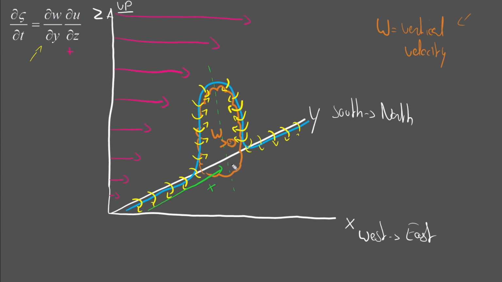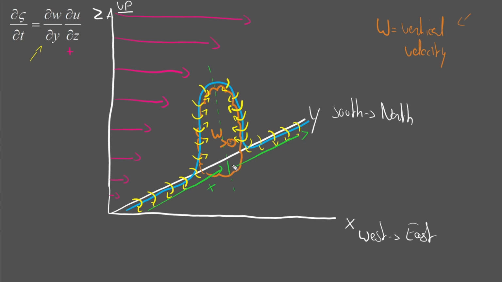Now, if you go away from the center of the updraft, you move away from the maximum of vertical velocity until you pass a region outside of the updraft where w is 0 again. Meaning that on this side, if you move away from the center of the updraft, you actually have negative vertical vorticity, which is what this term shows.